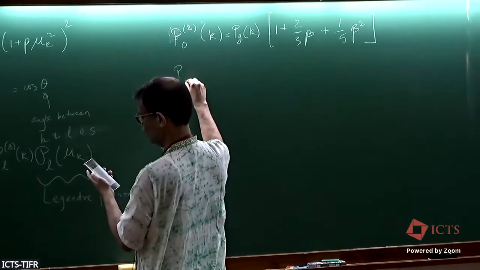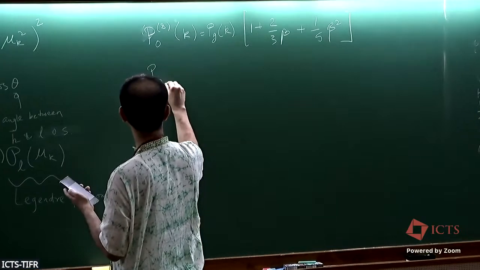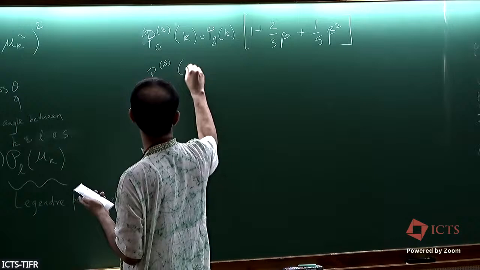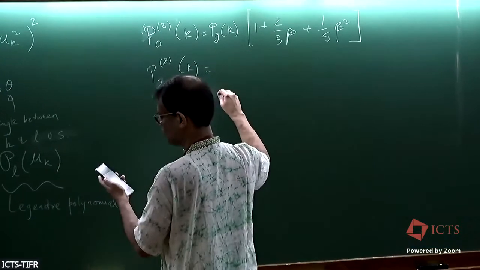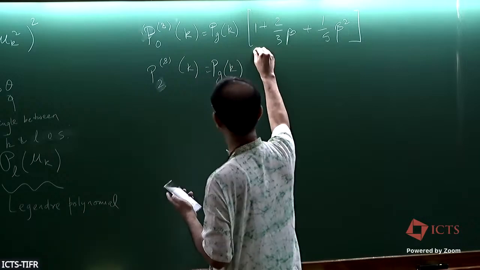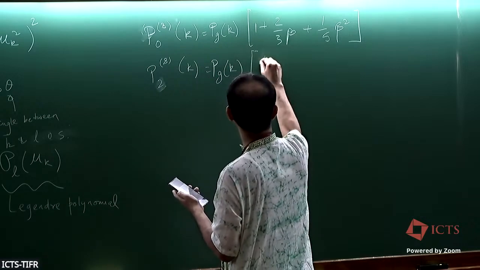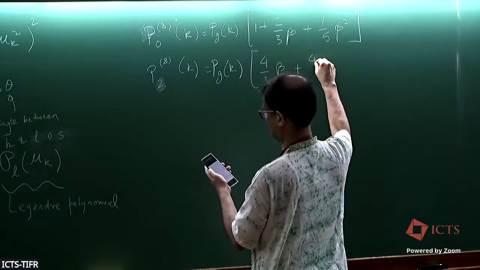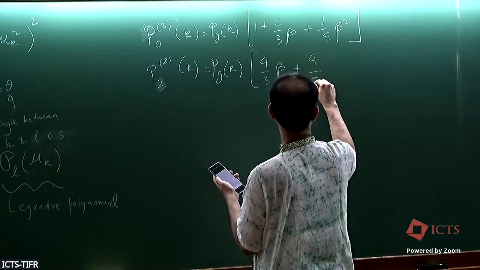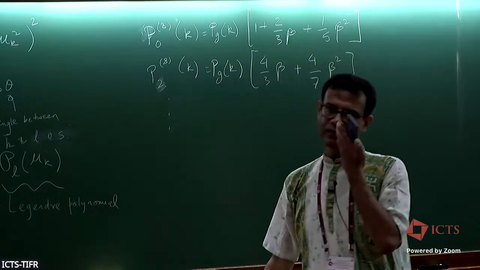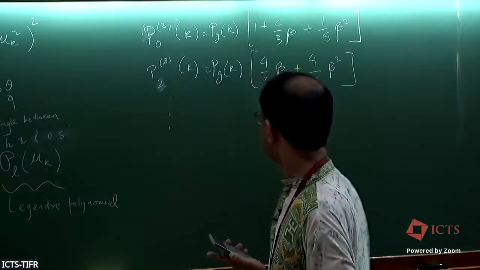And only the even components will come. So P2 will be P of k times 4 by 3 beta, and so on, in principle. So first three components is what people do.